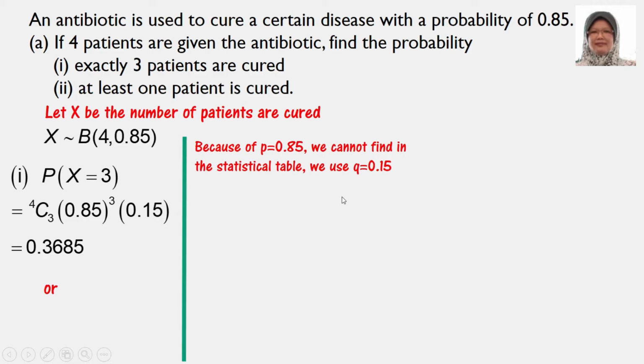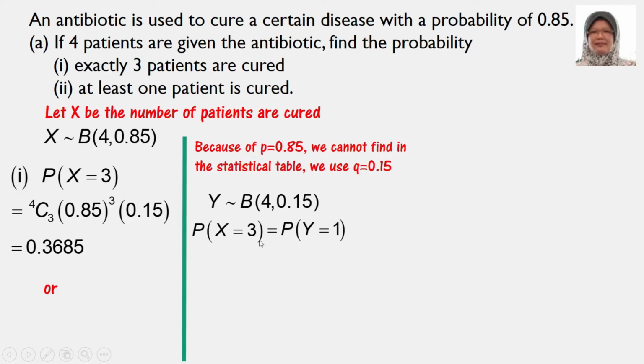Or if we use the table, because p equal to 0.85, we cannot find it in the statistical table. We use q equal to 0.15. So Y has a binomial distribution with n equal to 4, p equal to 0.15, but the question is X, so we must change to Y. So P(X = 3) equals P(Y = 1).